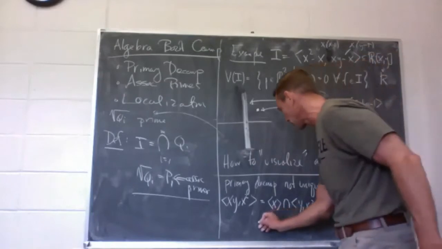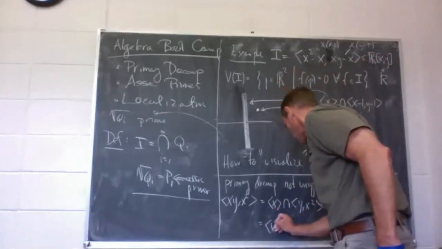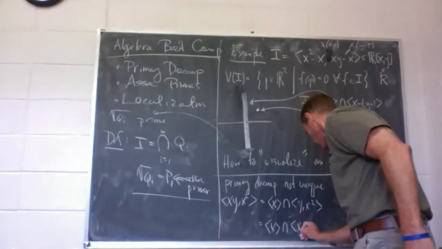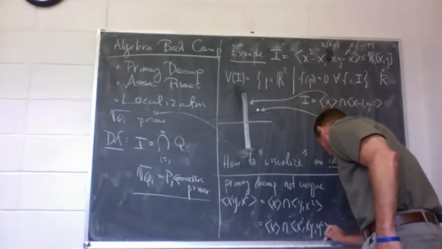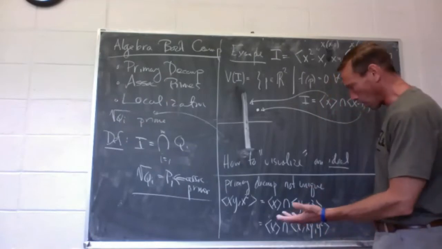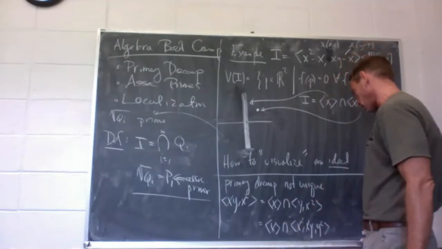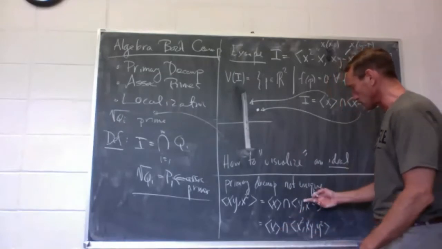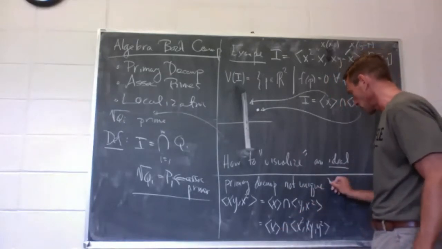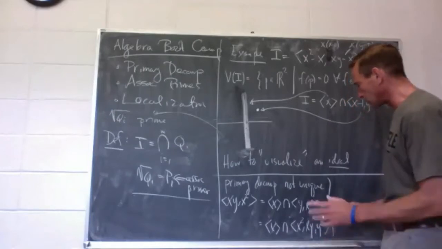On the other hand, we could write it as (x) intersect (x squared, xy, and y squared). A moment of thought, or two moments of thought, or maybe 10 minutes, will convince you that these are also both primary. So these are two distinct primary decompositions, and so primary decomposition is not unique.